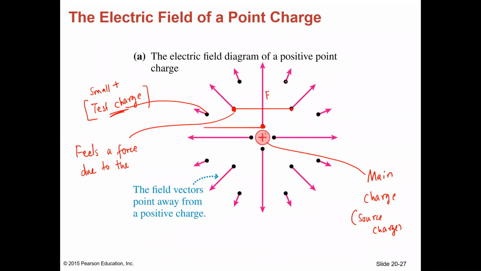If you go farther away, it's even weaker. So the closer the test charge, the stronger the force exerted by this source charge, and the farther the test charge, the weaker the force felt by the test charge.